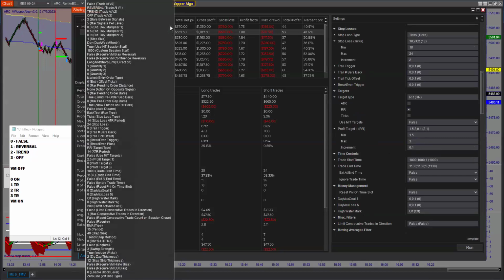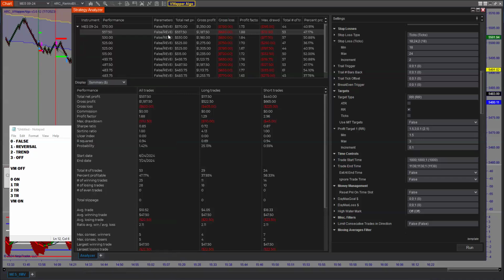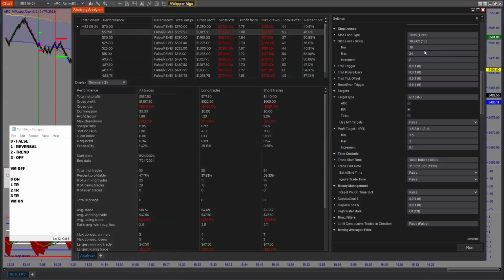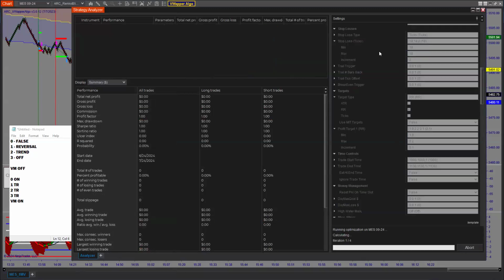And this one is 2.5 at 24. I like the tighter stop at 18. Let's lock this in at 18. And then just for fun, I just want to look at 1.9 to 2.2. I want to see how different they are comparatively, just those three.